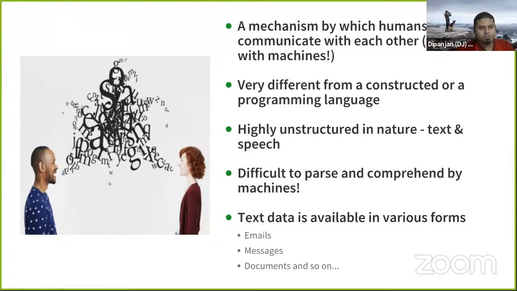But human language is not so fixed, because there are so many combinations of words. Each word may have multiple meanings, depending on the way you use it. Due to the highly unstructured nature of this data, it becomes more challenging to handle. Typically, there is text and speech data which can be used for NLP, conversational interfaces, and so on. And it is definitely difficult for machines to parse and comprehend.